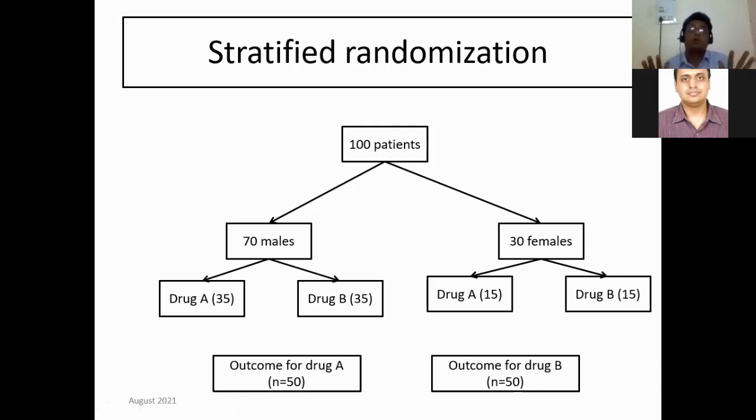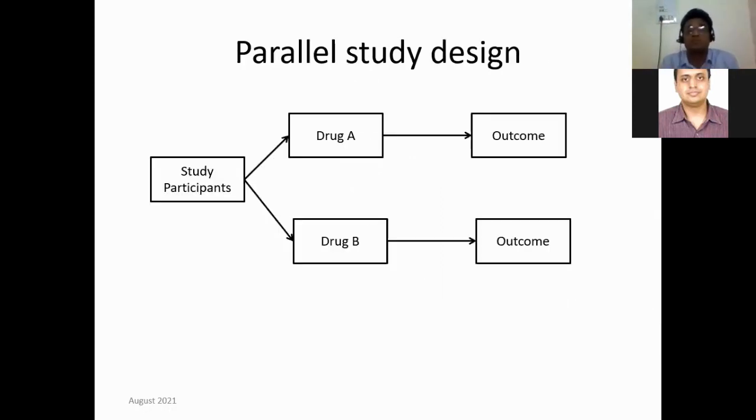I don't want to say at the end of the study that 70 are male and 35 are female, so this drug is going to work only in males and not in females. So if you think that there is some variable which is going to confound majorly, you can use stratified randomization also.